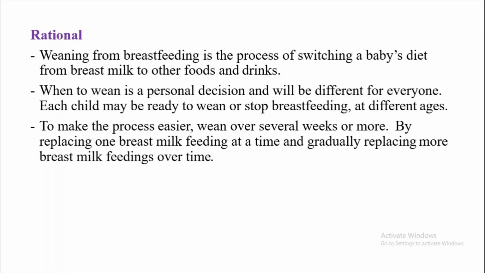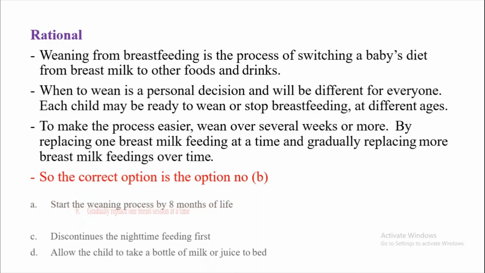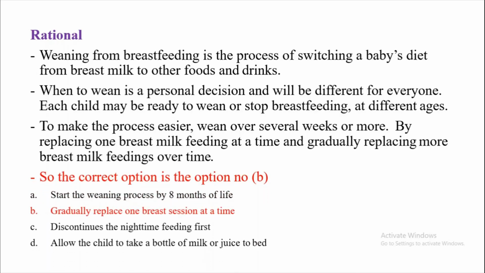To make the process easier, wean over several weeks or more by replacing one breast milk feeding at a time and gradually replace more breast milk feeding over time. So the correct option is option number B, gradually replace one breast session at a time.